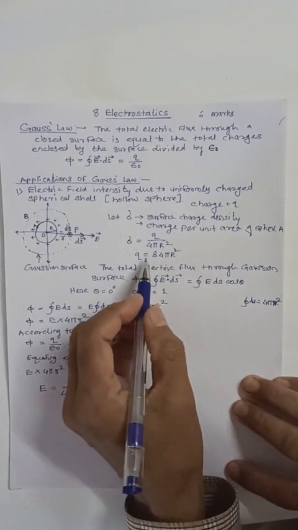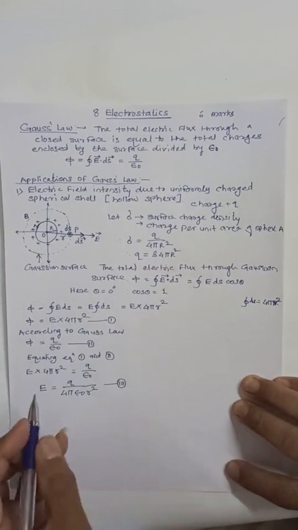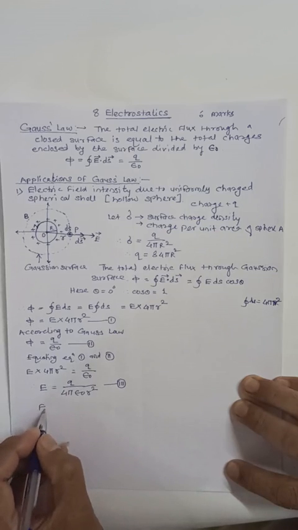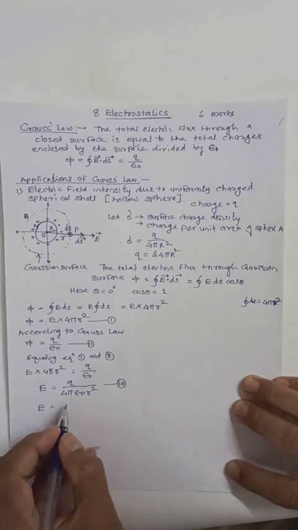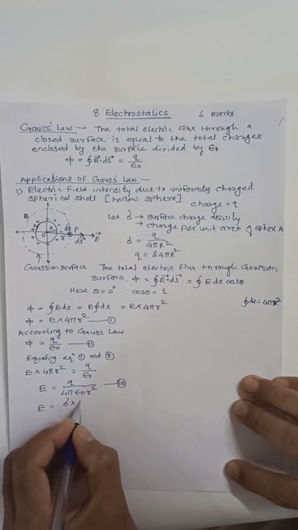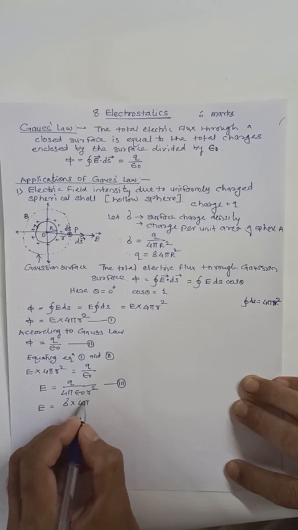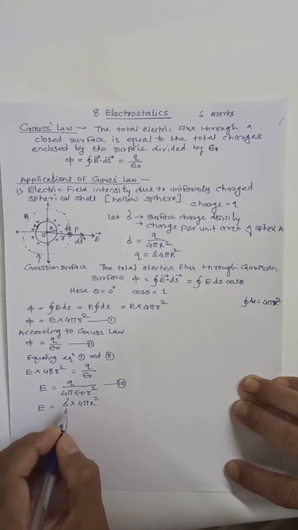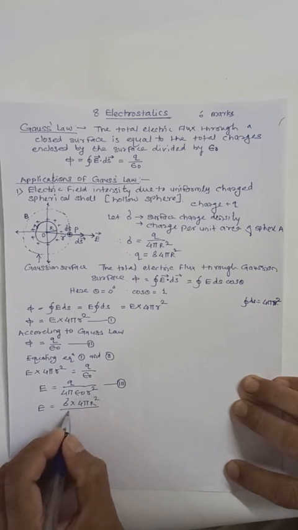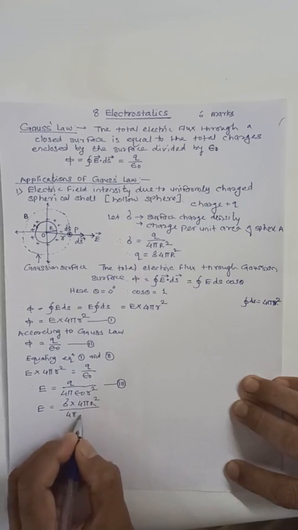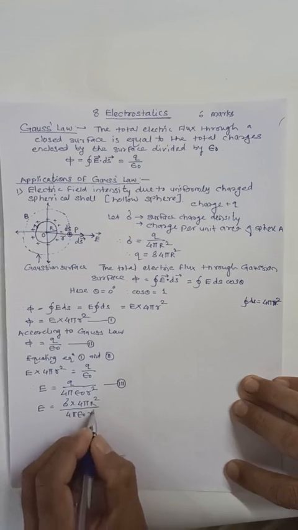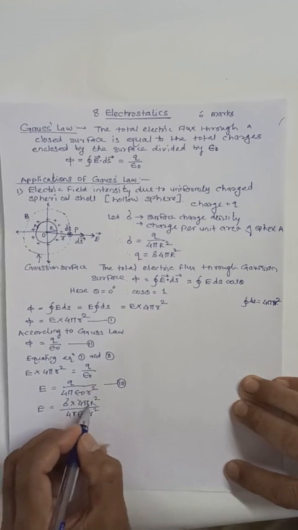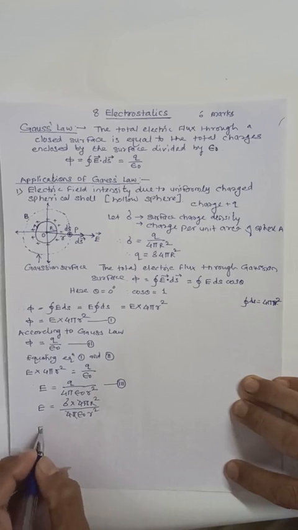But from this equation, Q is equal to sigma 4 pi r square, so E is equal to, put the value of Q, sigma into 4 pi r square upon 4 pi epsilon 0 r square. 4 pi gets cancelled.